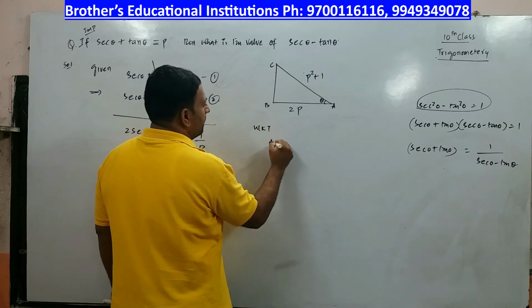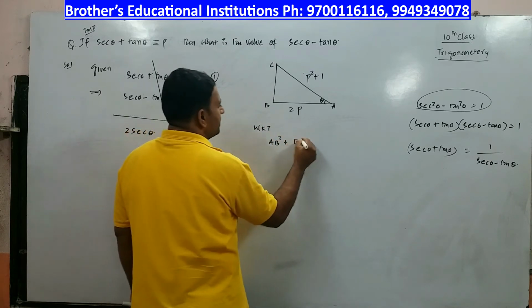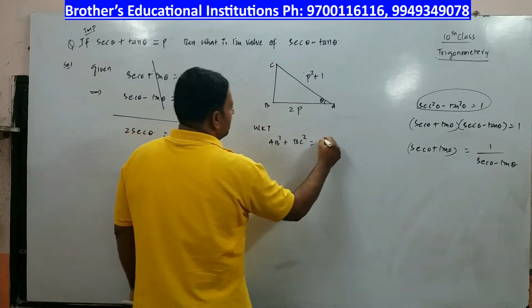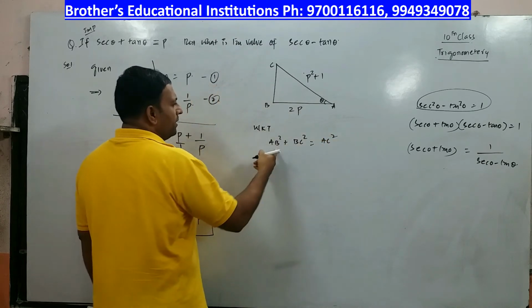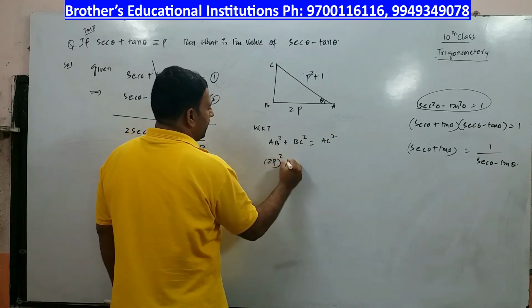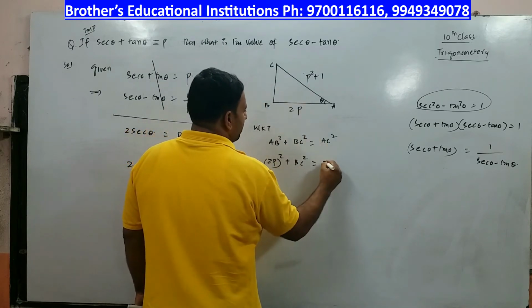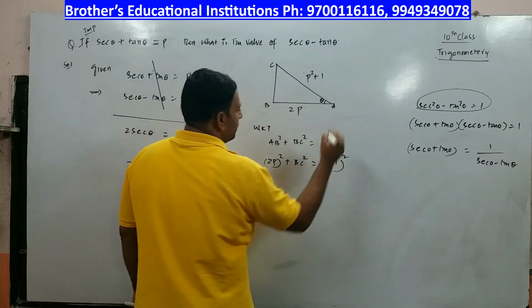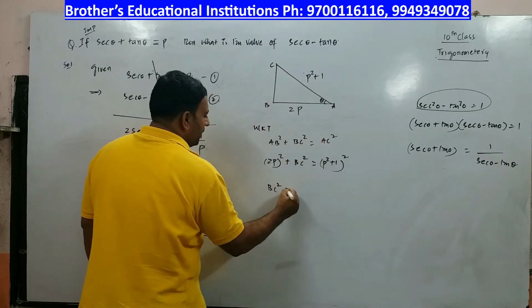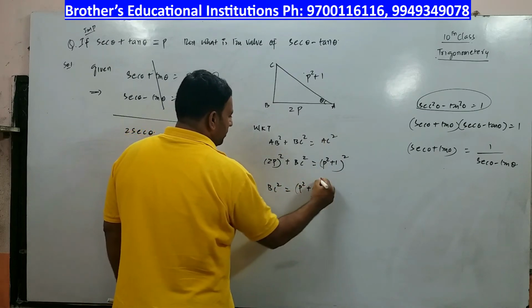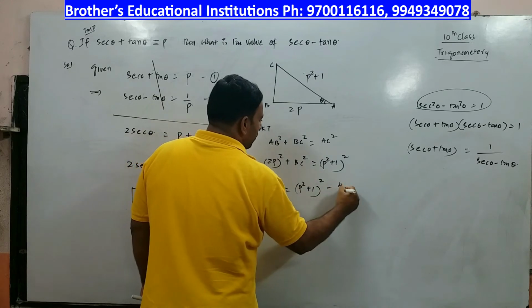We know that AB square plus BC square is equal to AC square. AB square is (2P) whole square plus BC square is equal to AC square, (P square plus 1) whole square. So BC square is equal to (P square plus 1) whole square minus 4P square.